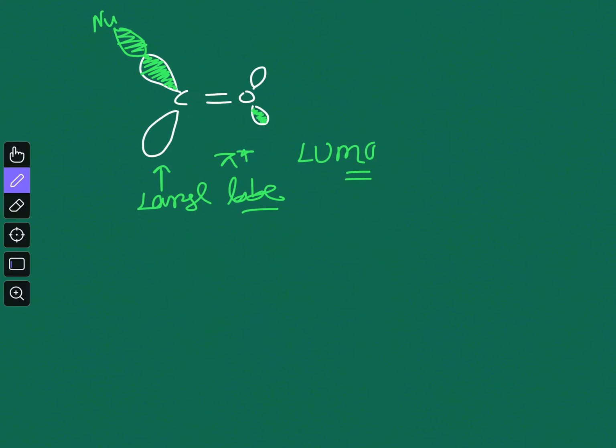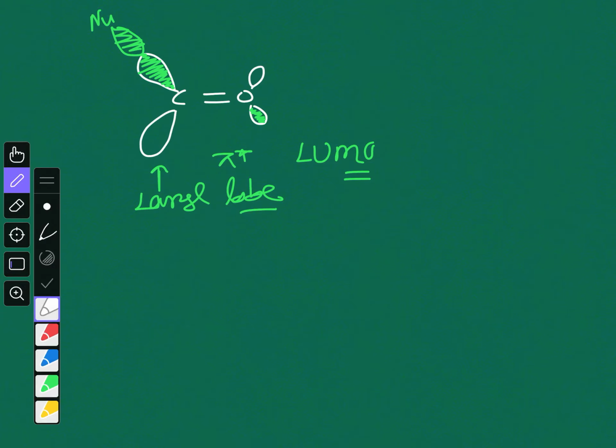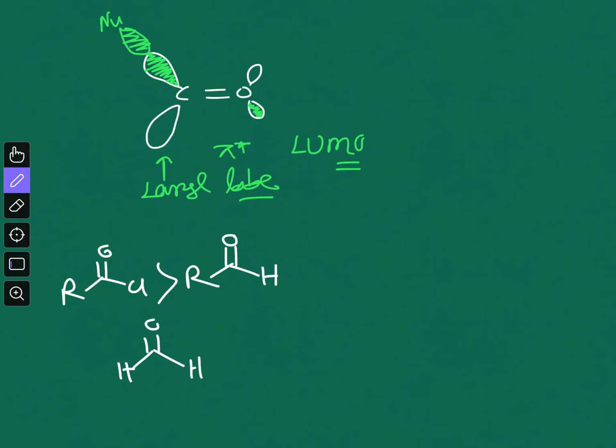Now based on that, let us see what is the reactivity order of different carbonyl functional groups. So if we group down all the carbonyl functionality, we will see that it is the acid chloride which is most reactive, and then it is aldehyde. Now you can put formaldehyde also, and it will be around the same reactivity as the acid chloride, so we put it here.